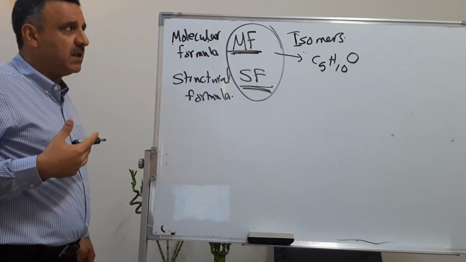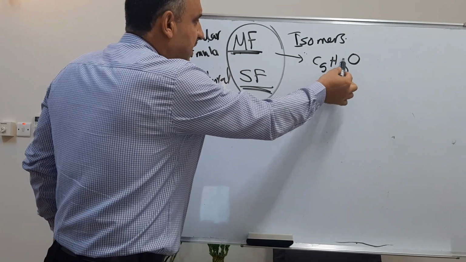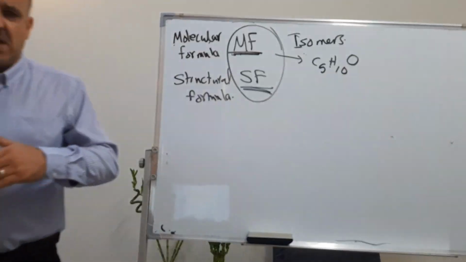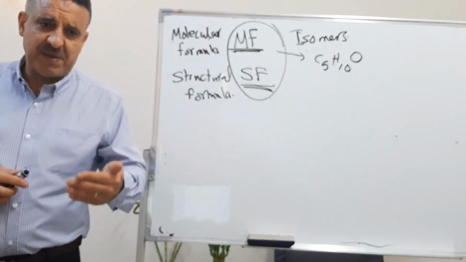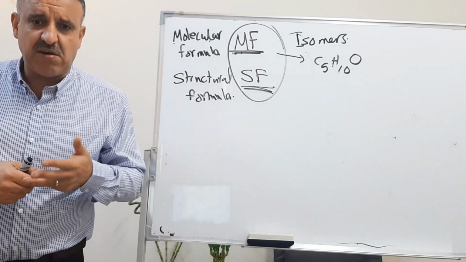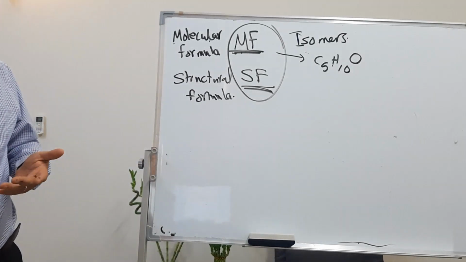So what we know from this is that we have 5 carbons, 10 hydrogens, and 1 oxygen. So the molecular formula gives us information about the type and identity of the atoms and the number of each atom present in a compound.